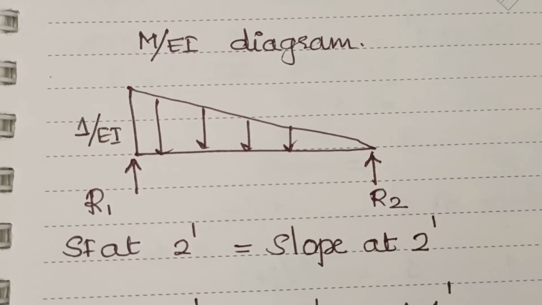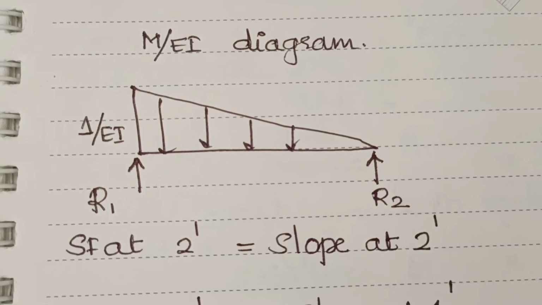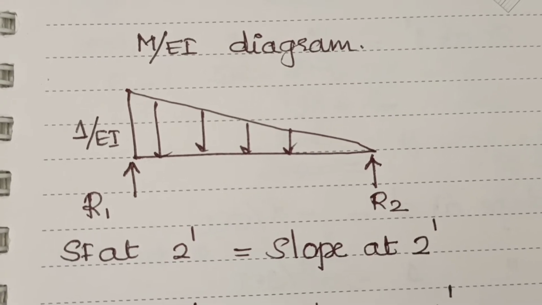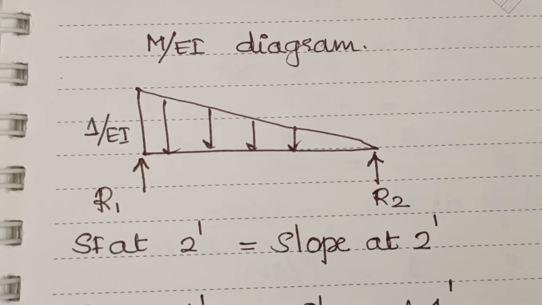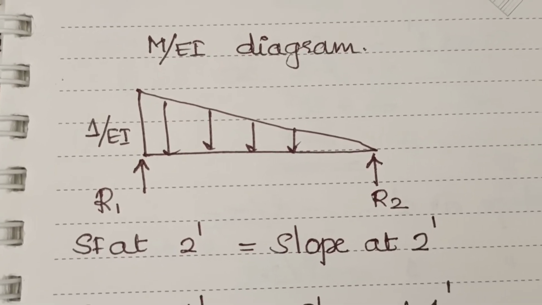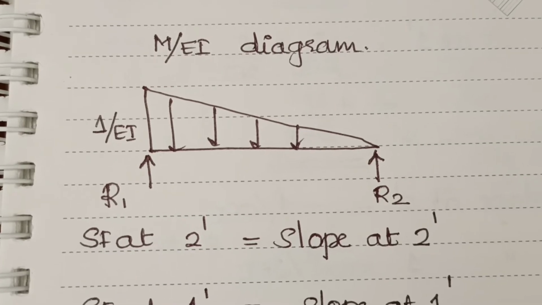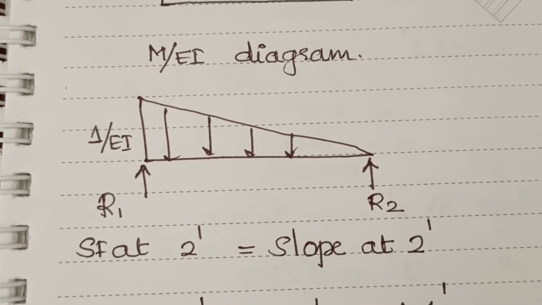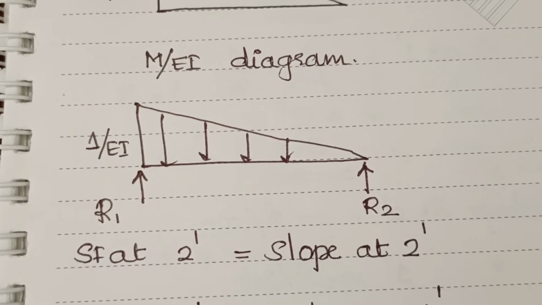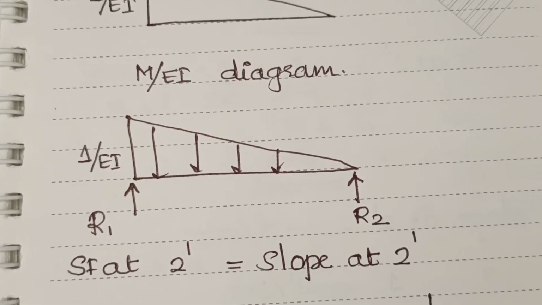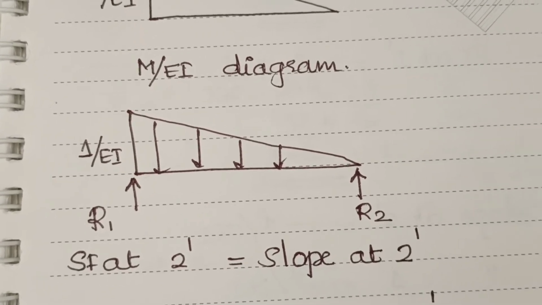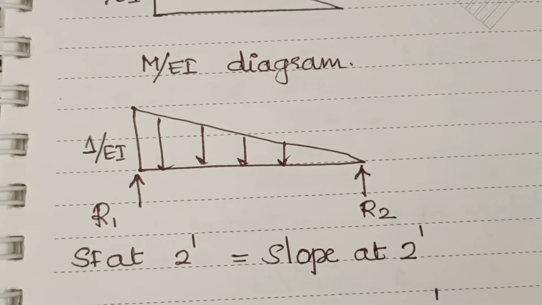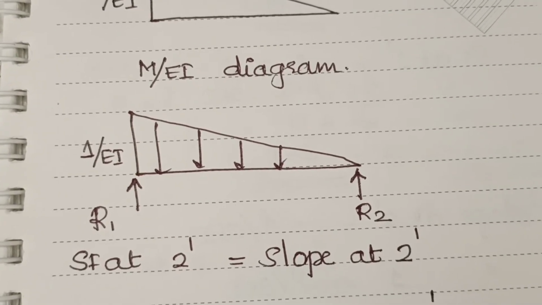To find out the slope at the real beam, we need to calculate the shear force. Since we had applied moments at 1 and 2, the displacement will be the rotations. For a moment, the displacement will be a rotation. At the same time, for a load, the displacement will be a distance itself.